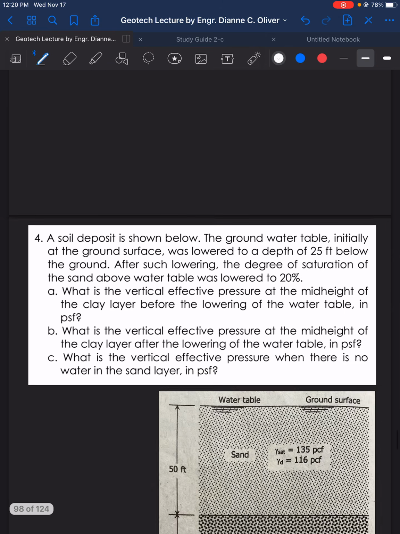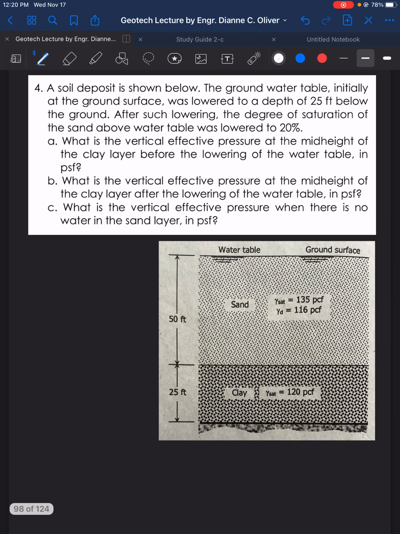Next, let's go to number 4. A soil deposit is shown below. The groundwater table initially at the ground surface was lowered to a depth of 25 feet below the ground. Okay, so initially we have here the water table.